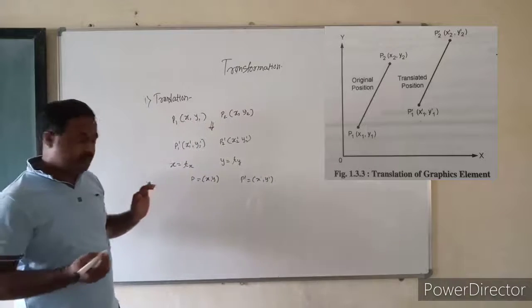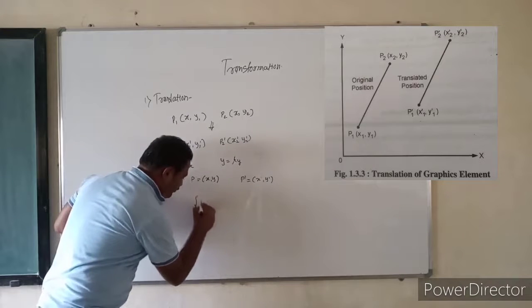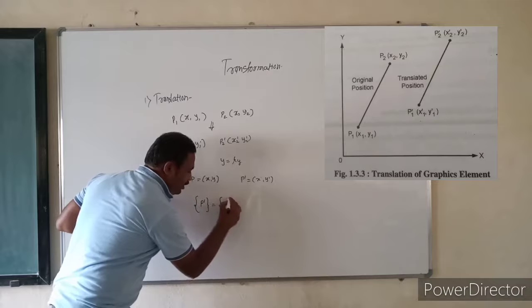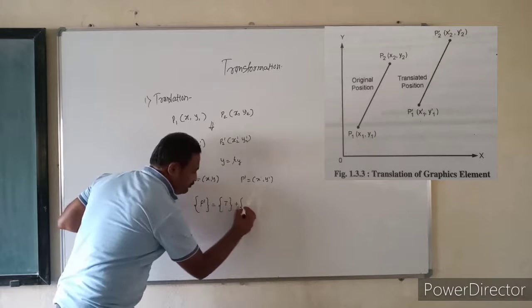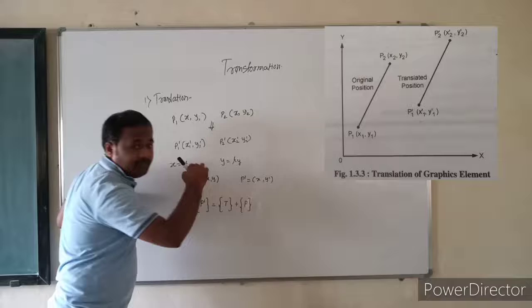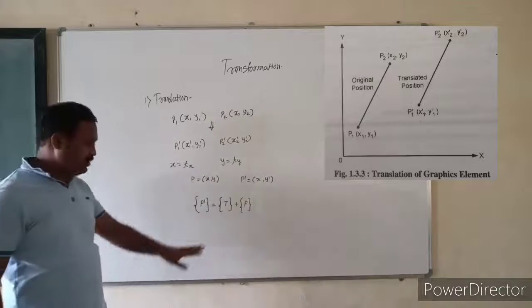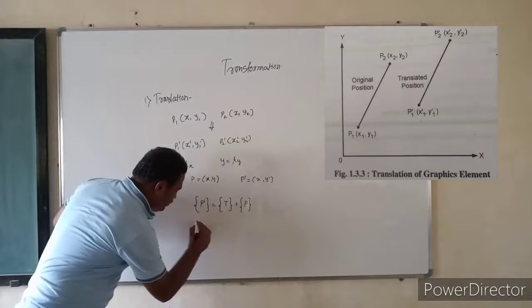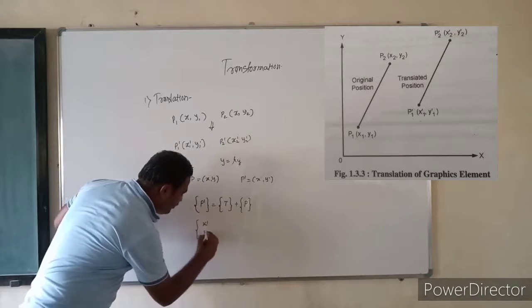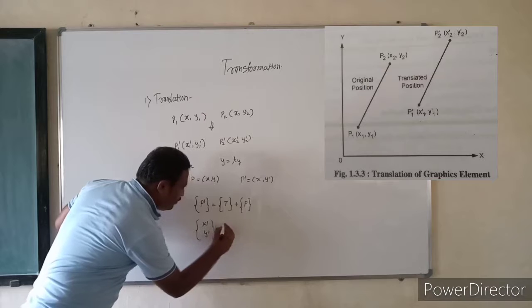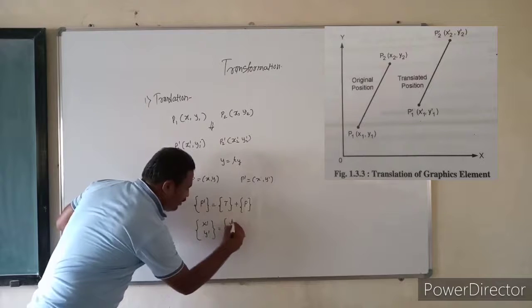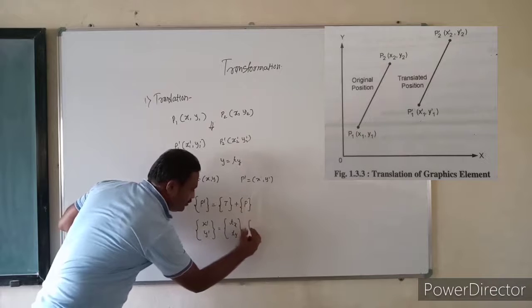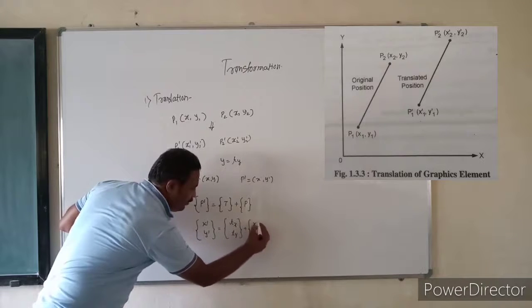Then the new coordinates of P dash equal the translation matrix plus the original P matrix. Then x dash, y dash is equal to tx, ty plus x and y.